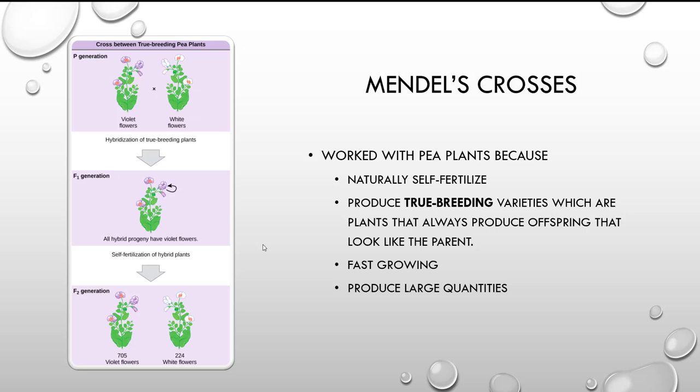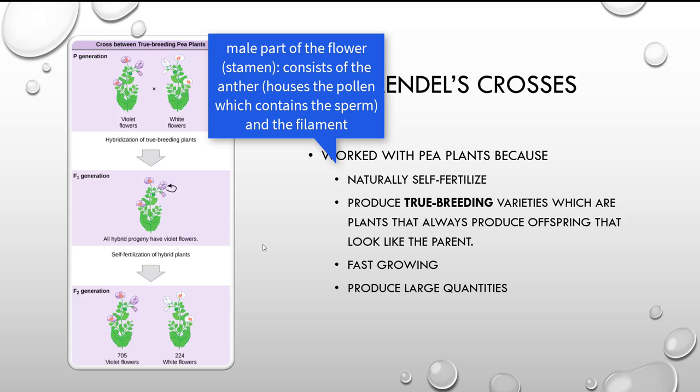If you ever look at a flower in detail, the pollen part contains the sperm of the plant. The male gametes are contained within what's called the anther. So the anther has the pollen.